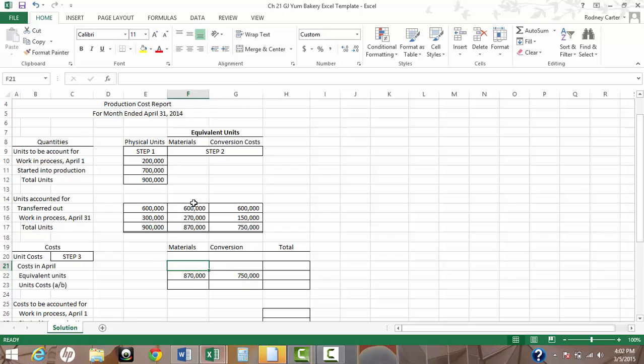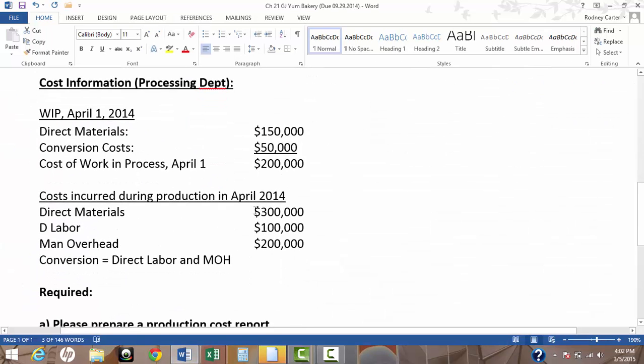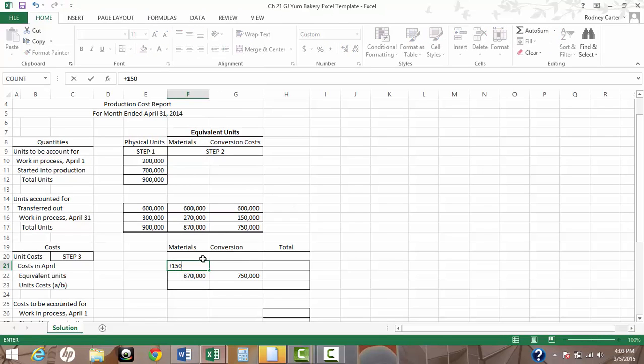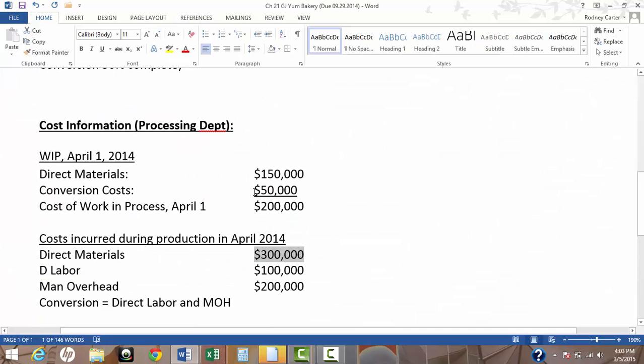Now, here, costs in April, you'll remember that we need to examine the costs that we started with and that we introduced. So for direct materials, we are going to take 150,000 plus 300,000. And on the conversion side, we are going to take 50,000 plus 100,000 plus 200,000.